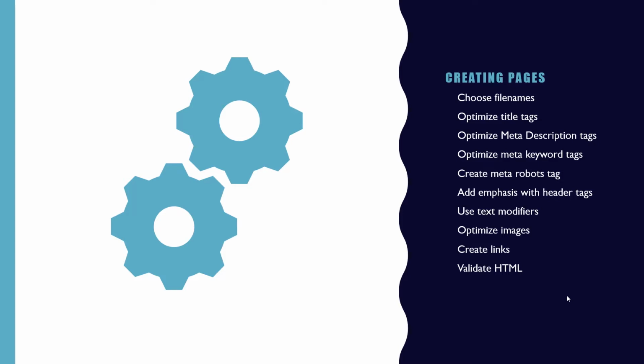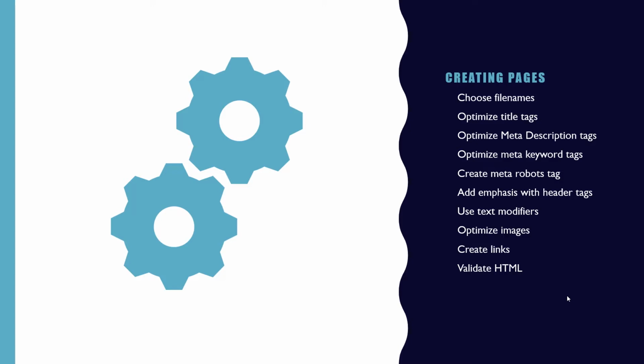It's going to go into more detail on how you can do all of these processes, but overall, you're going to learn how to choose your file names using your keywords; optimizing your title tags, so using your keywords in your titles; optimize your meta description tags, so actually creating meta descriptions that will give a brief summary about your website, and in addition, using your keywords in that description; optimizing your meta keyword tags, so actually creating keyword tags that will have your keywords within them; create meta robots tags, so that you can use that feature as well; add emphasis with header tags, so thinking about how you can use your keywords in your headers to help organize and make sense of your information.